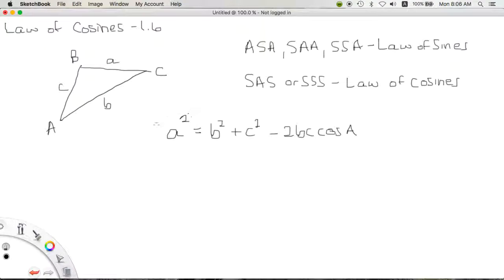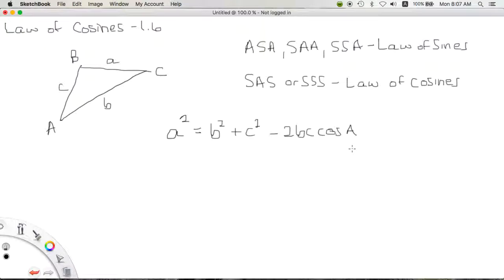This side squared goes with the angle you're using, and then this side squared plus this side squared goes with this part here where you multiply their side lengths. So we've got a side squared equals the sum of the squares of the other two sides, minus 2 times each of those sides you've already used on this side of the equation, times the cosine of this angle.